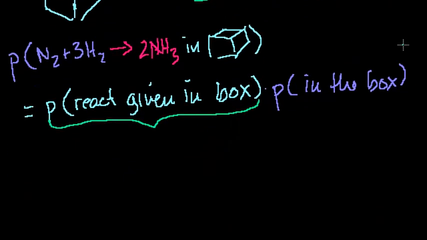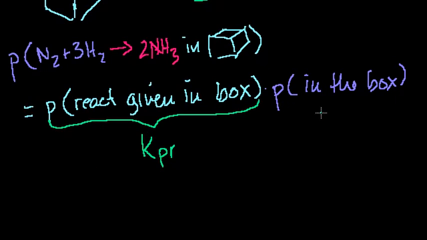So I'm claiming that if I give you a temperature, say 300 degrees Celsius, and I tell you that I have one nitrogen and 3 molecules of hydrogen in your box, there's some constant probability that they react. It depends on their configuration and all of that. I'll just call this the constant, I'll just make up a constant probability, whatever it is. I could write anything there.